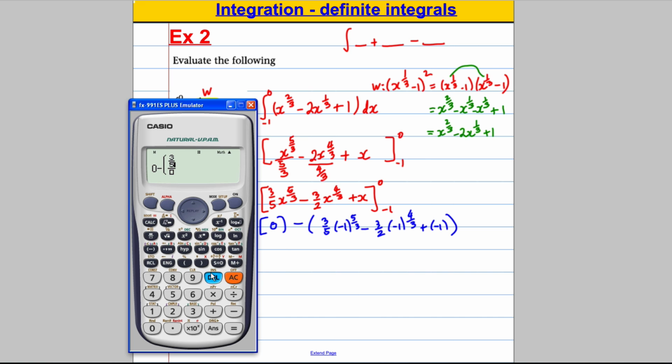Ooh. I'll have to start this again. 3/5 negative 1 to the power of 5/3, subtract 3 over 2, negative 1 to the 4/3, plus negative 1, and get 31/10.